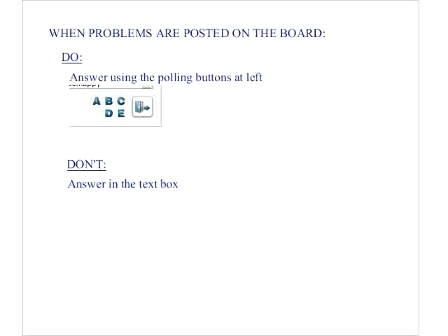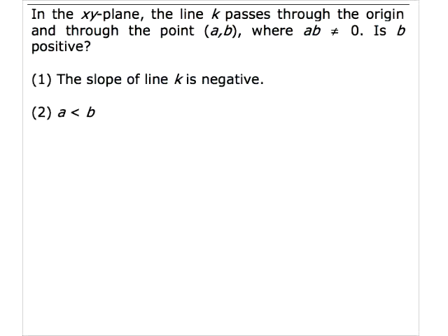So, all right, let's look at a question. Here we go. Bang. We'll go ahead and put a timer on the screen. There's the timer. Go for it. Remember, please answer with those polling buttons.